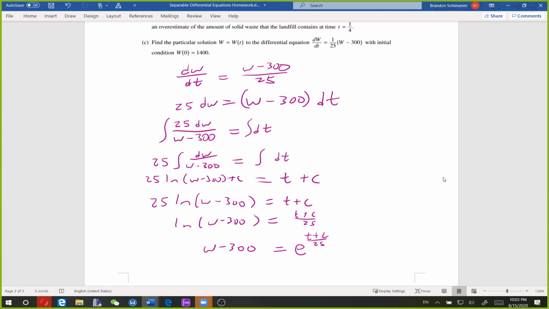Last step, add 300 to both sides, and I've got w is equal to e to the t plus c over 25 plus 300. Okay, any questions on how we solved for our general solution for w?